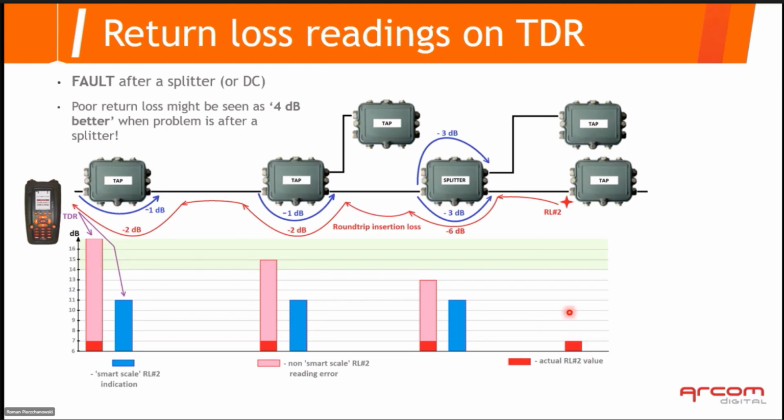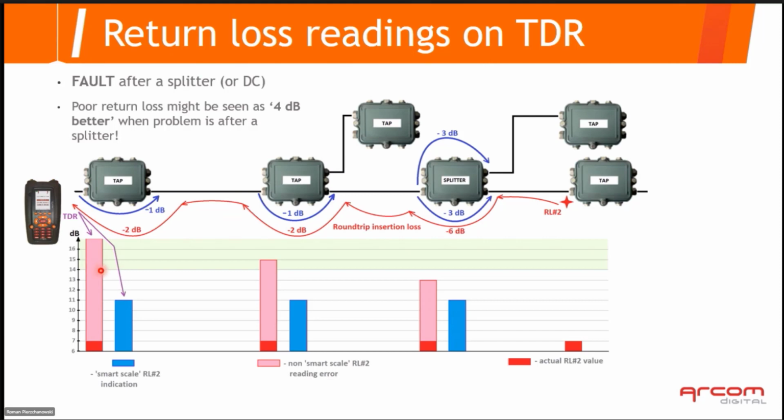So if at one device the return loss is like this, here it's only 7, it will show on the meter as much better than it really is, because the round trip here is 6 to 8, a 10 dB difference.